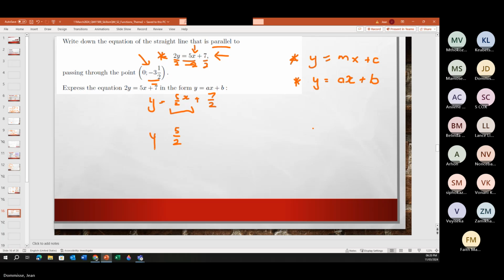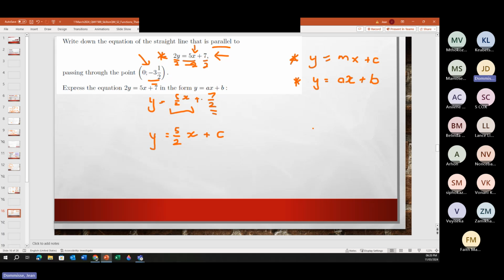So we then have a formula y is equal to 5 over 2 x plus c, because we don't know what the y cutoff is yet. We will only see that when we work it out. So we now need to substitute the y and the x numbers, because we have it. We've got x is equal to 0.